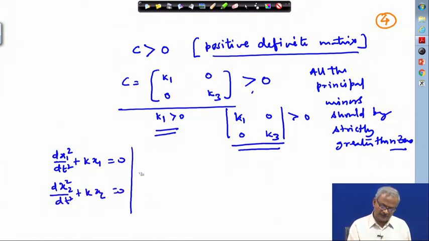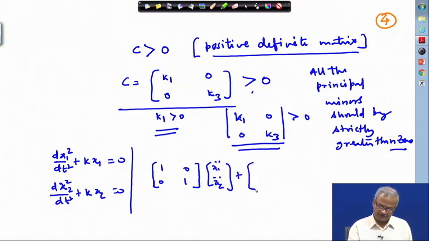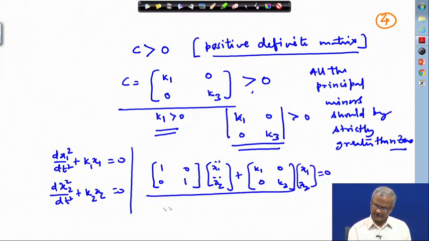And if we try to combine it together, how will it look? 1 1 0 0 and here x 1 double dot, x 2 double dot, plus here k 1 and k 2, 0 0, x 1, x 2. Obviously, in this case it is decoupled, but we can get the stability notion from this place.